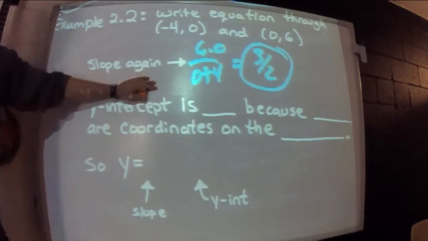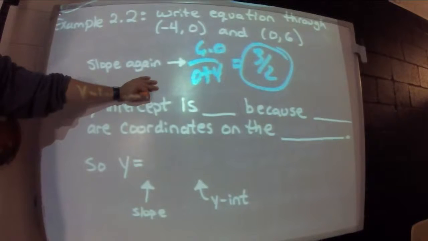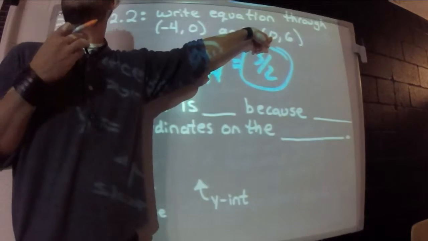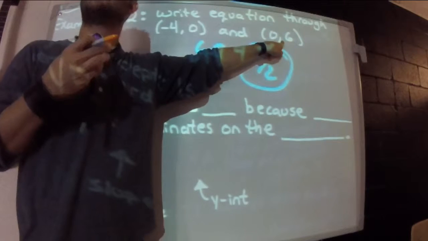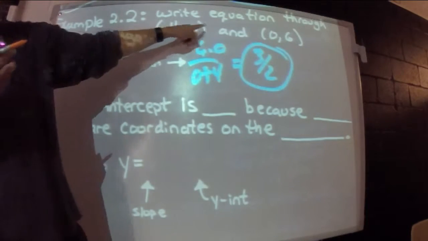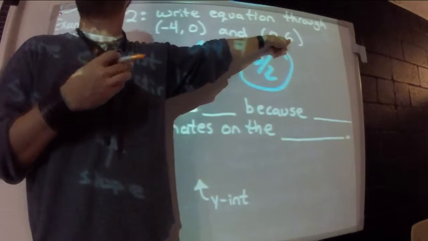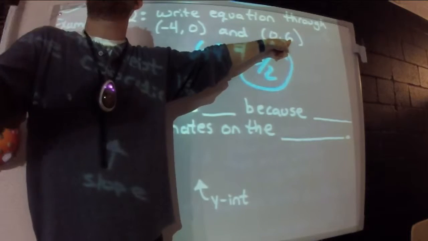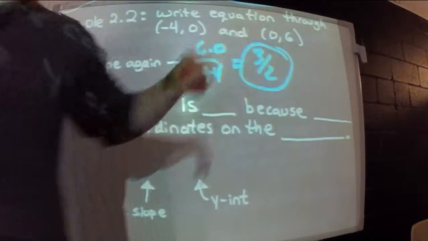All right. Here's what makes this one special. If you don't see it, work it out like we did on the top of the page. If you see it, life is easier. Anytime they give you a point that starts with 0, comma, that is the y-intercept. Not this one, because there's a 0 second. If 0, 6 means don't go left or right, go up 6 and put a dot, that means it must be the y-intercept. So 6 must be the b.